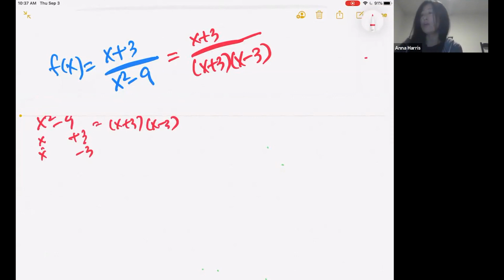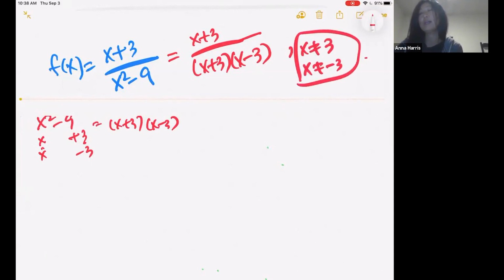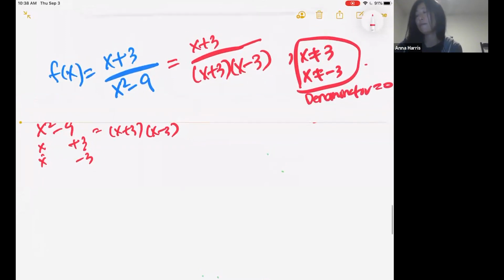So you know x cannot be 3 and x cannot be negative 3, because that makes the denominator equal to 0, which becomes undefined. But look at this one. One of them is a vertical asymptote. The other one is a removable discontinuity.